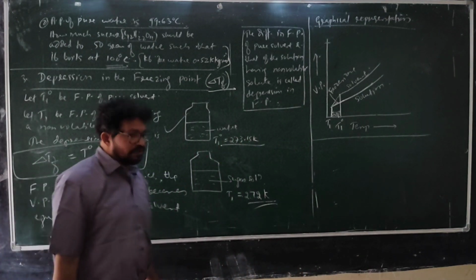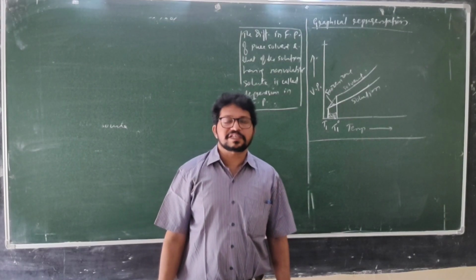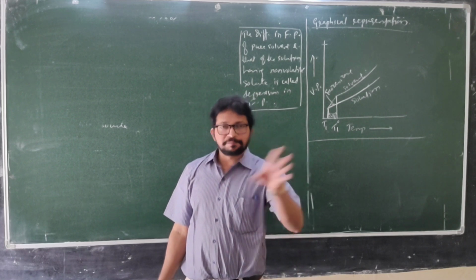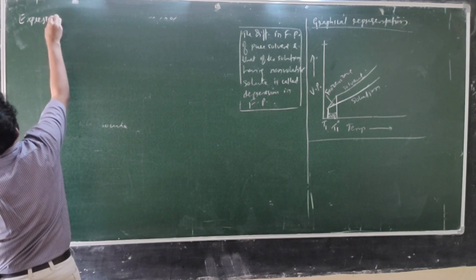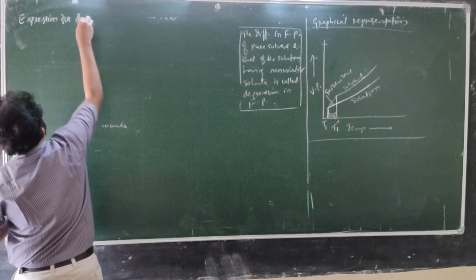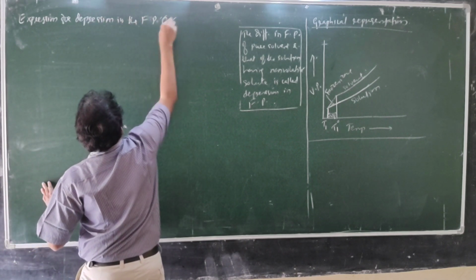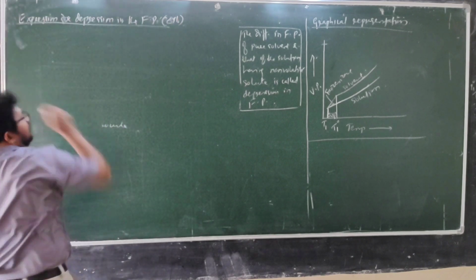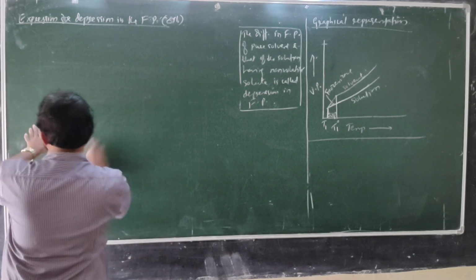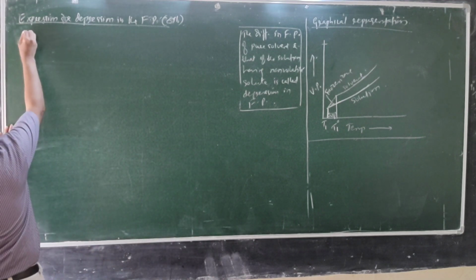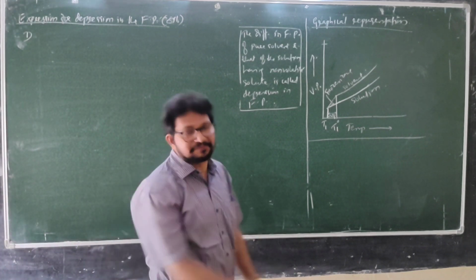Okay. So now I go to the expression for delta T F. Expression for depression in the freezing point. See, as usual, as with elevation in the boiling point, depression in freezing point is also proportional to molarity.